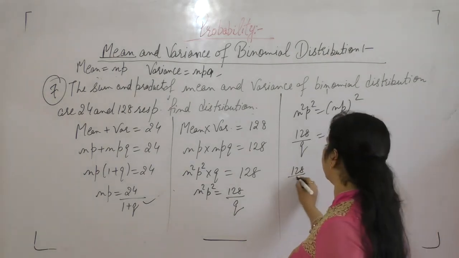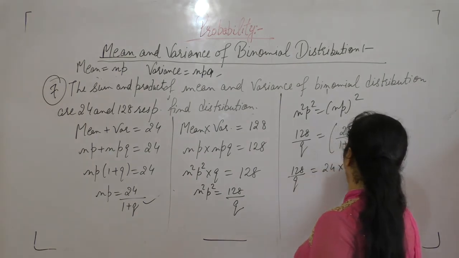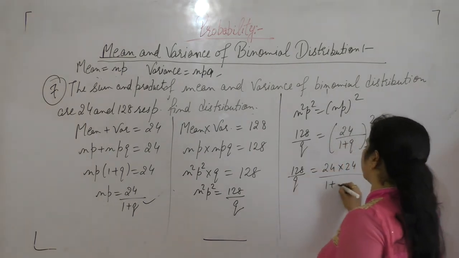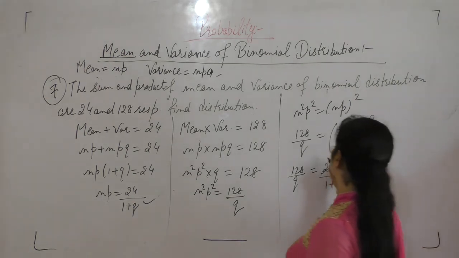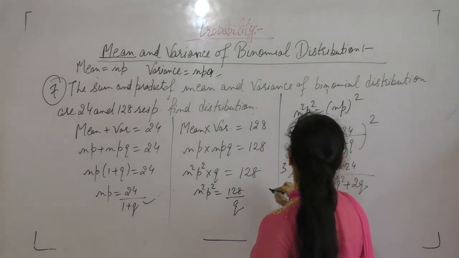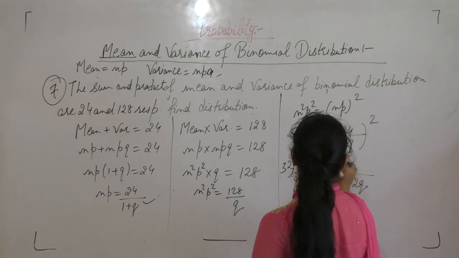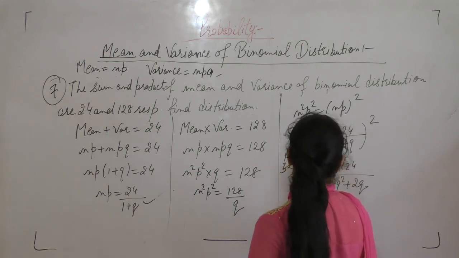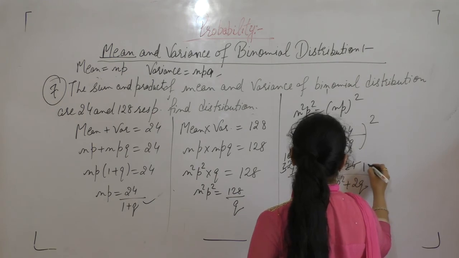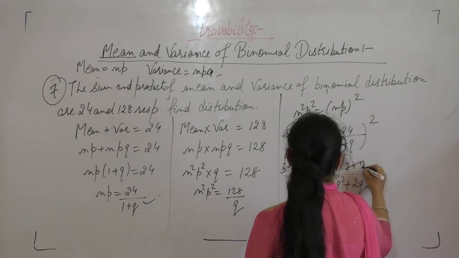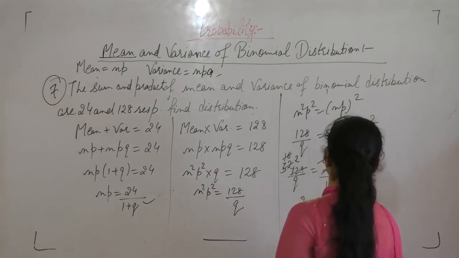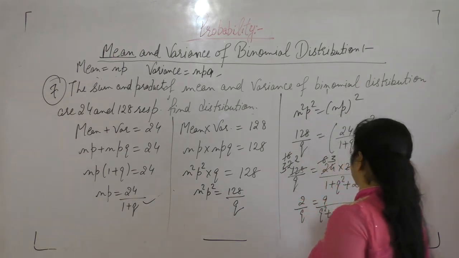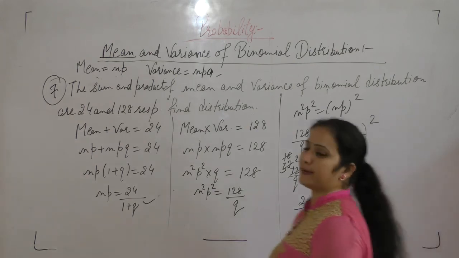So 128 upon Q, using A plus B whole square is A square plus B square plus 2AB, 4 into 6 gives Q is equal to 9 upon Q square plus 2Q plus 1.